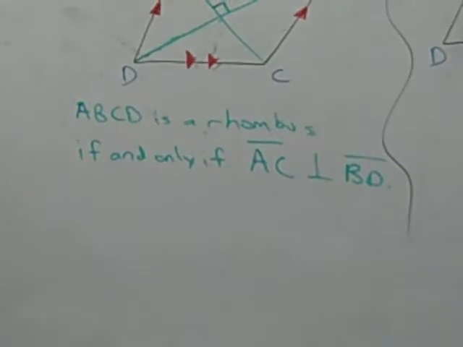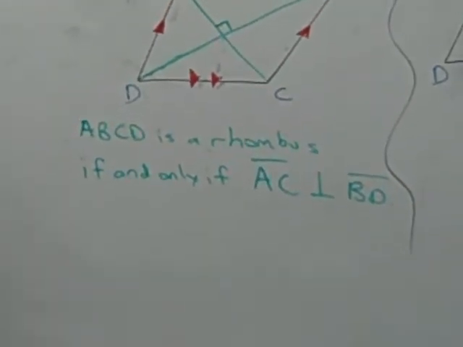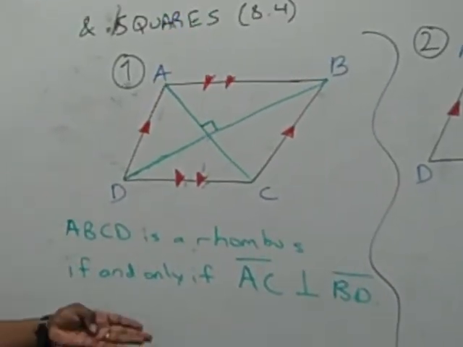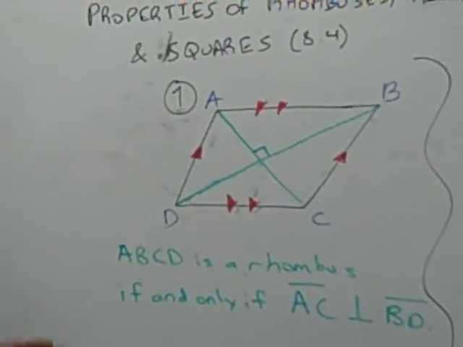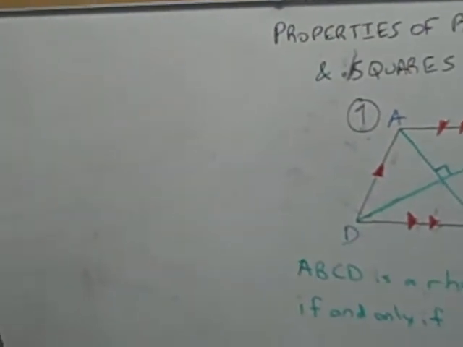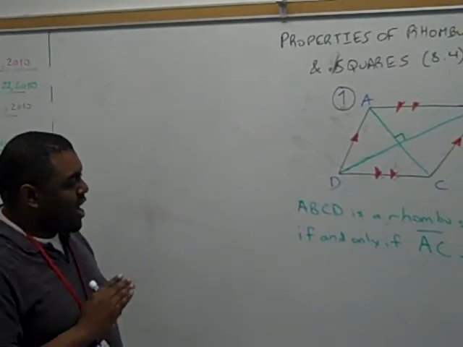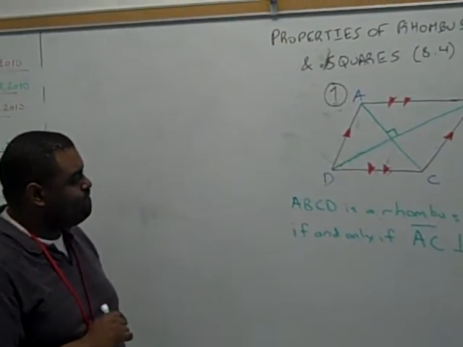And what that means is it works both ways. If AC is perpendicular to BD, then that just means that ABCD is a rhombus. So it works both ways. So it's automatically a rhombus.